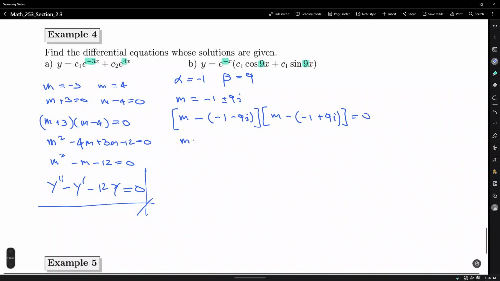That'll be m plus 1 plus 9i, and m also plus 1 minus 9i. So from this multiplication of parentheses, we're going to go back to the polynomial equation, giving us the solution. However, think about this one, guys.